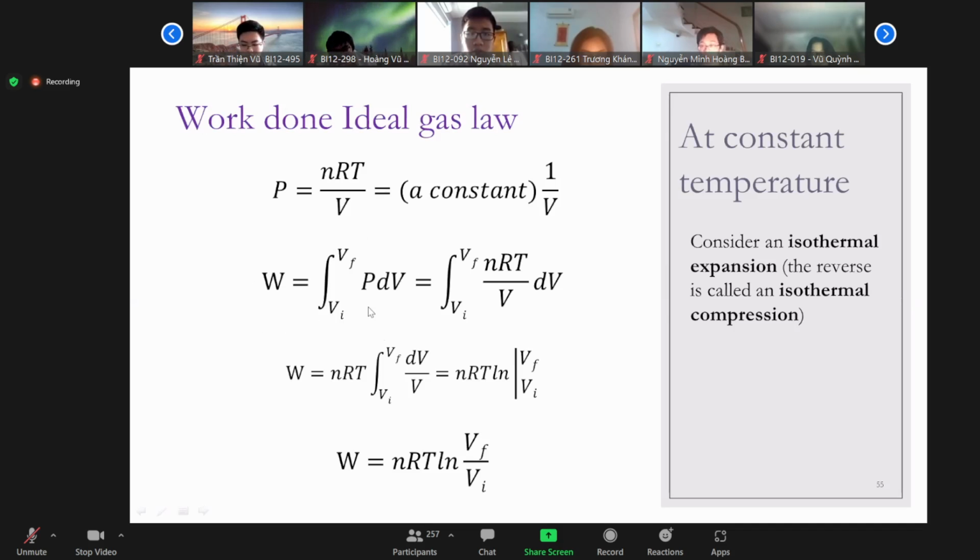Now, if we apply it to the case of an ideal gas, we try to do it together. We replace the pressure with this formula.